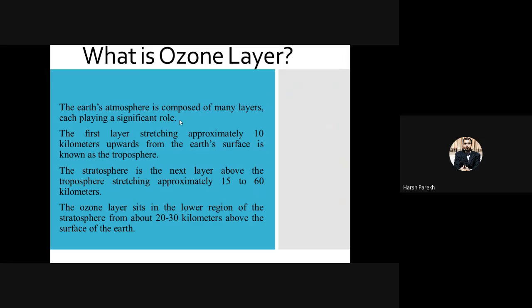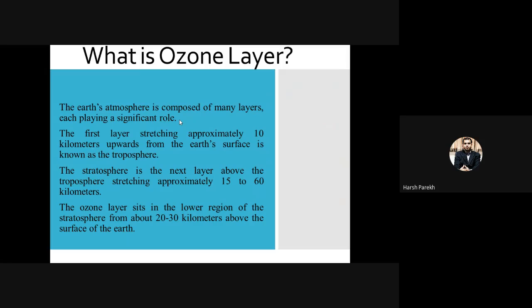We have been through the layers of the atmosphere: first was troposphere, stratosphere, mesosphere, asthenosphere, exosphere. These are the spheres we went through in our previous lectures regarding the atmospheric layers. All these layers have their own duties, and they play a very good role to protect the earth from outer space.